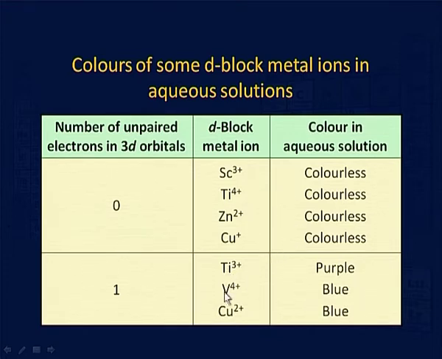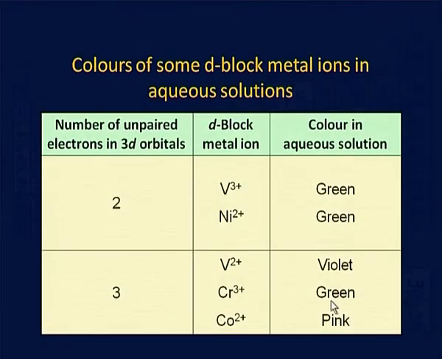However, if we have titanium 3 plus, vanadium 4 plus, or copper 2 plus, that is the cupric ion, then we have one unpaired electron, which results in purple, blue and different colors.